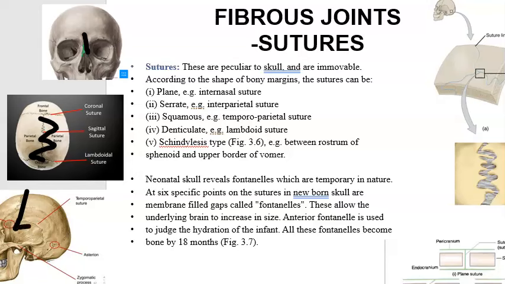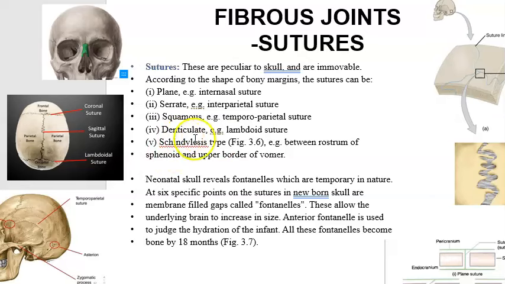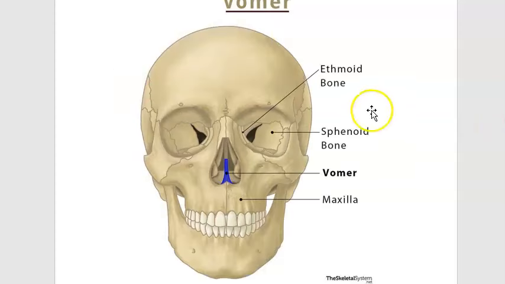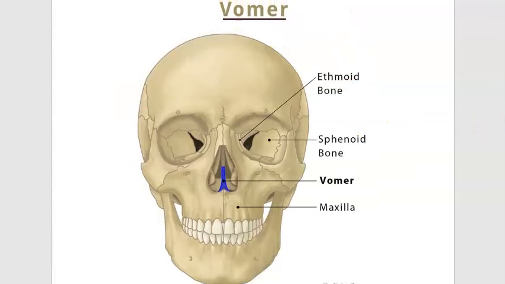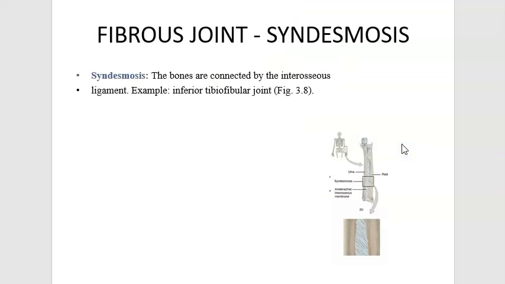The lambdoid suture is denticulate, between the parietal and the occipital. Then you have the wedge, schindylesis, another type of suture, between the vomer and the sphenoid.